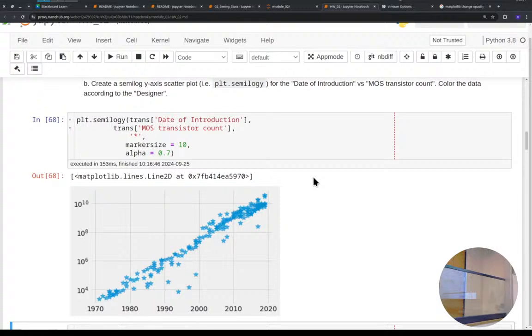How does percentile work? The np.percentile, how does that one work?